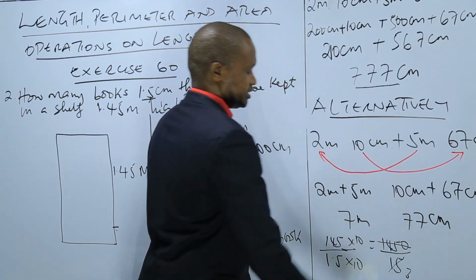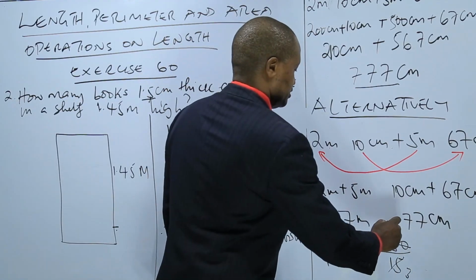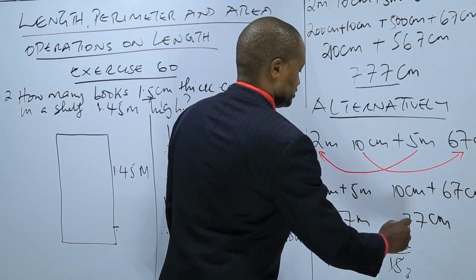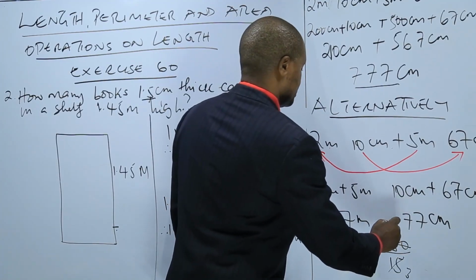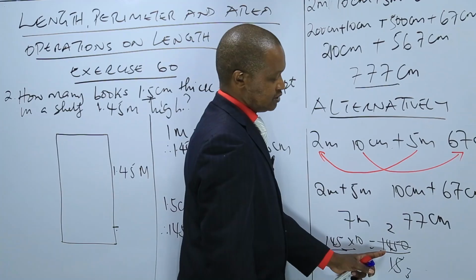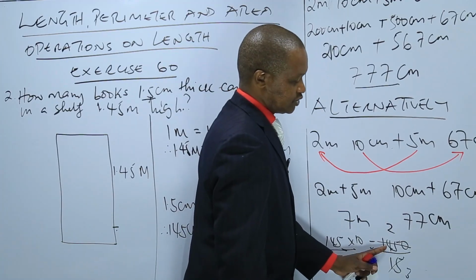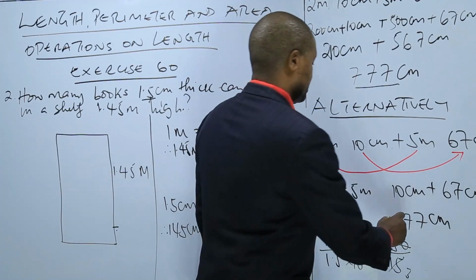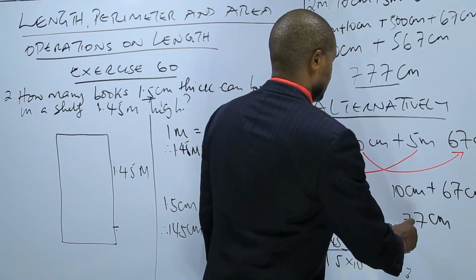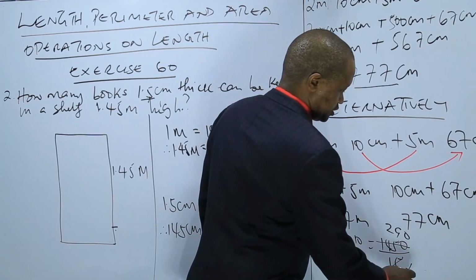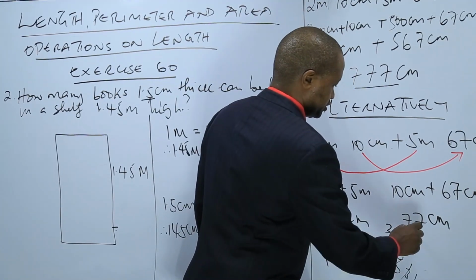So 5 goes here 3 times. 5 goes here 2 times. 5 times 2 is 10, 45, 9, then 0. 3 goes here once. 3 goes here 9.